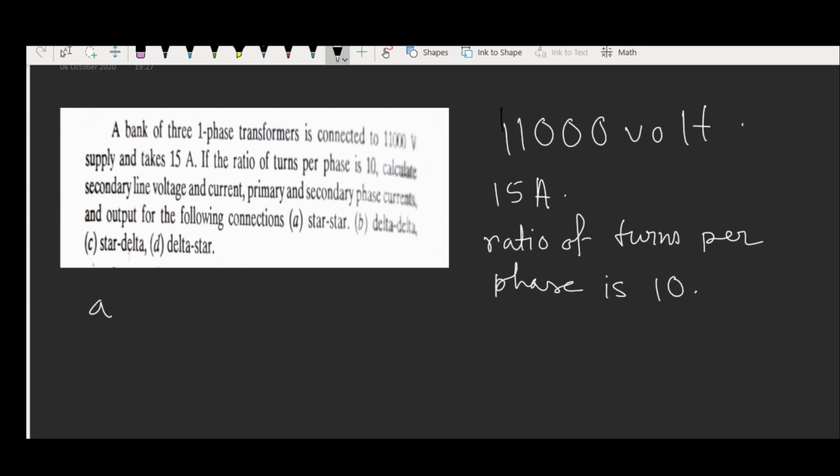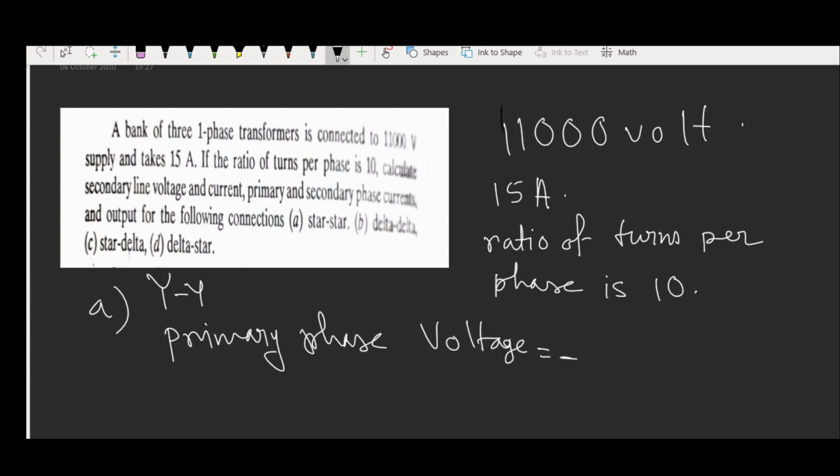For star star, primary phase voltage would give us something like 6350 volt.